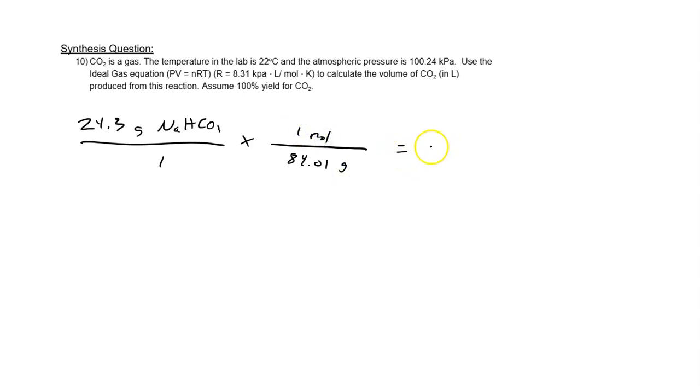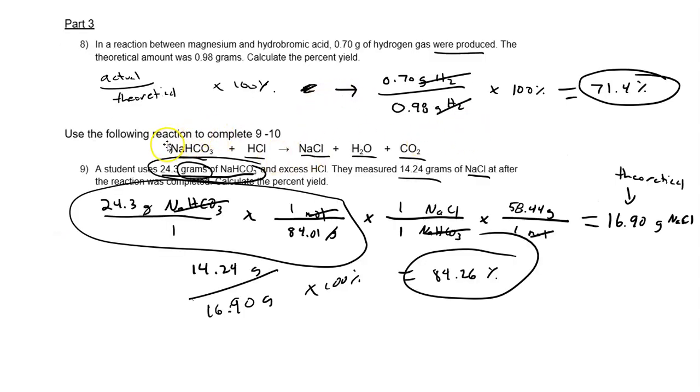All right, and that's going to give me 0.2892 moles NaHCO3. Okay, now we don't need to worry too much here because it's a 1-to-1 ratio, right? So that's also going to be 0.2892 moles of CO2. And again, the reason why that occurs is in our reaction, 1 mole of this also produces 1 mole of water vapor.